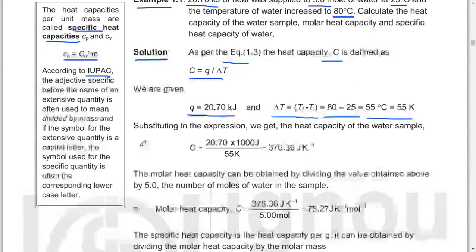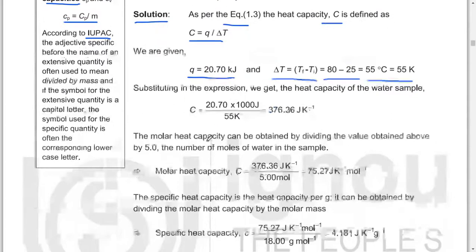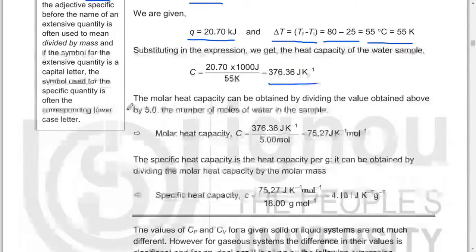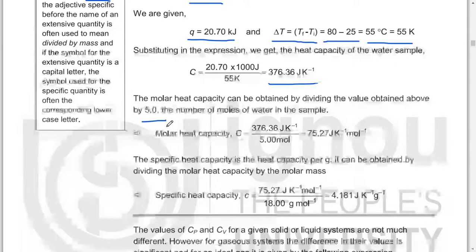Substituting in the expression, we get the heat capacity of the water sample C equals 20.70 into 1000 joule by 55 K equals 376.36 joule K inverse. The molar heat capacity can be obtained by dividing the value obtained above by 5.0, the number of moles of water in the sample.